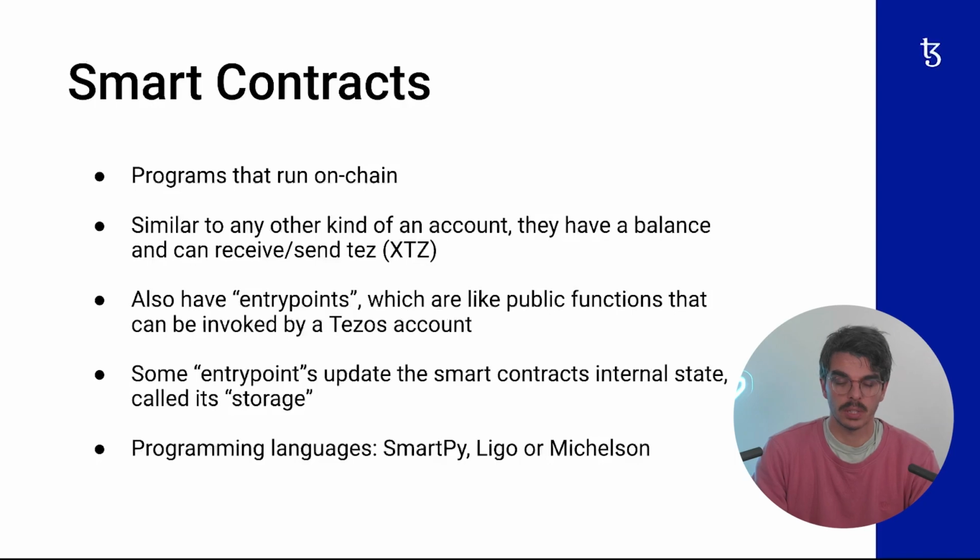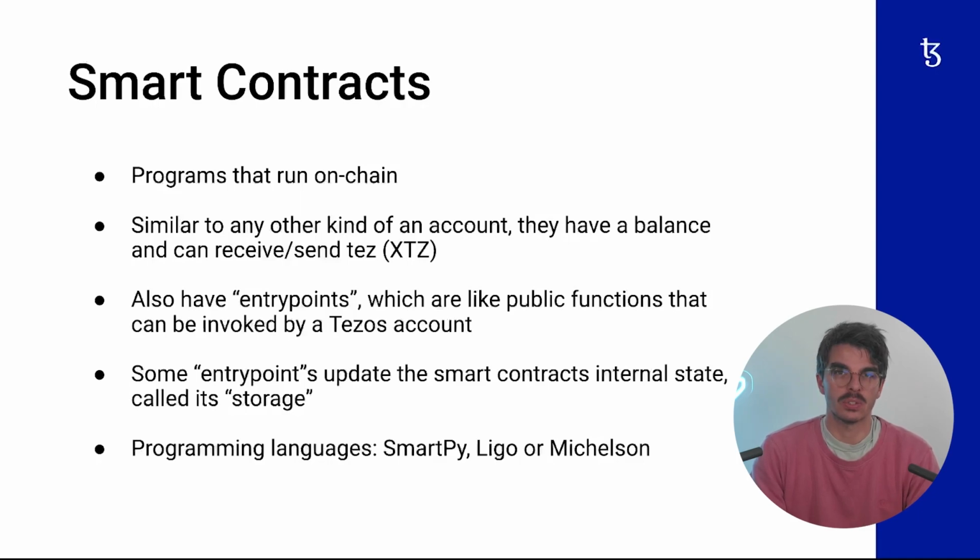In the context of smart contracts, the thing that will invoke an entry point is a Tezos account. And some entry points will update the smart contract's internal state. Apologies for the missing apostrophe in smart contracts there. I've only just noticed it. But some entry points will update their internal state.